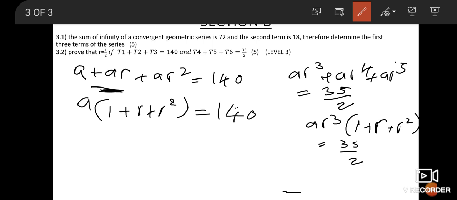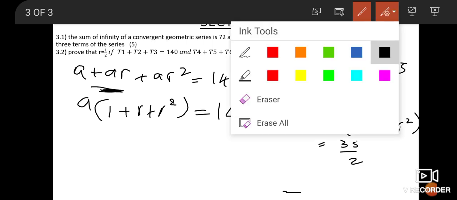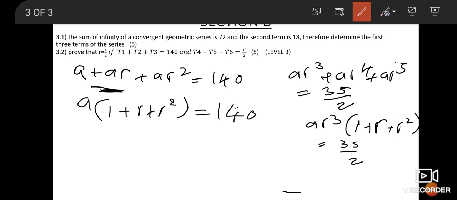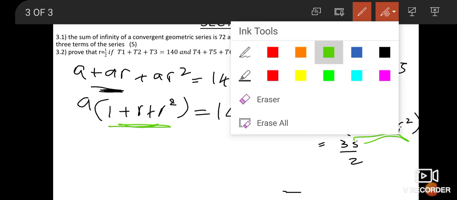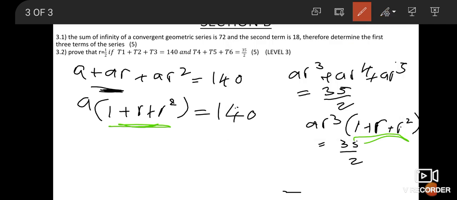So now that's the crucial thing here. If you don't get this, as my teacher would say, you're gone, because do you notice that these two here are the same? So basically this is their own identity. So if these two are the same, you can just simply say that 1 plus r plus r squared equals 140 over a.